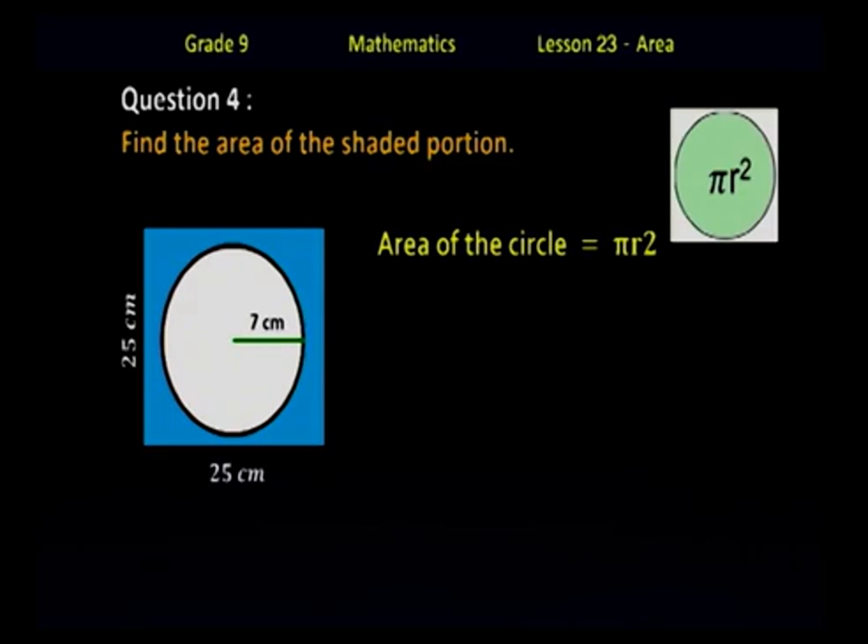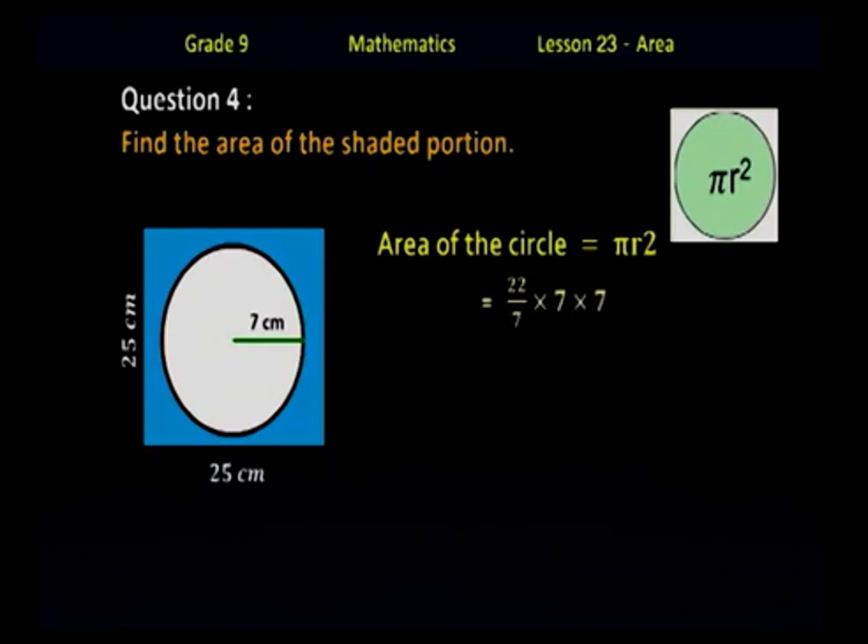The length of a side of the shaded portion, in blue, is 25 centimeters and 25 centimeters. You know it is a square. To find the shaded portion, your method should be the area of the circle subtracted from the area of the square.